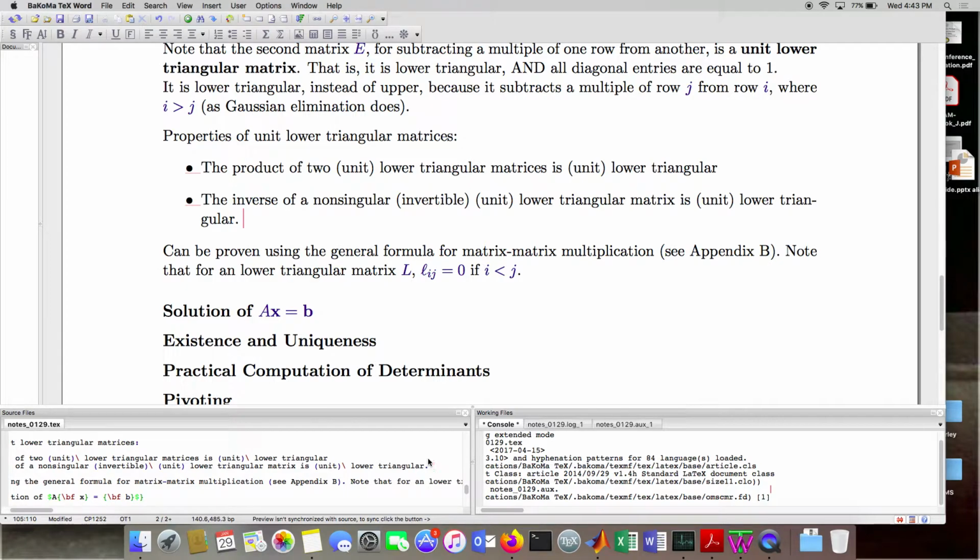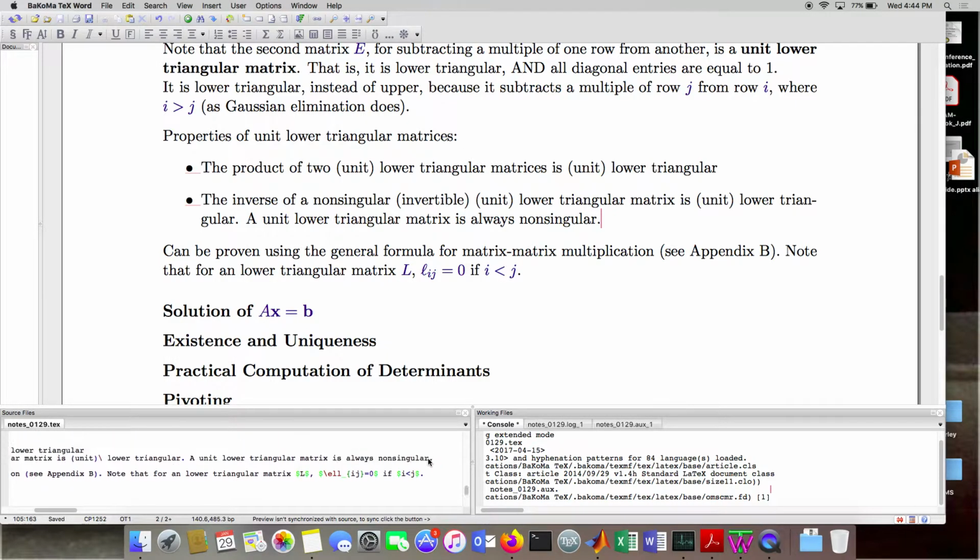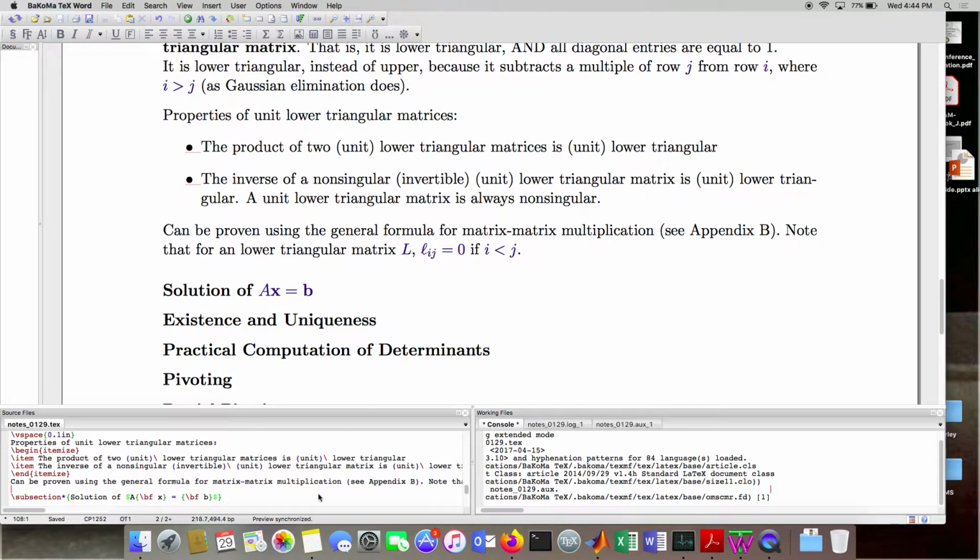Non-singular means the same as invertible. So if a triangular matrix is invertible, the inverse will have the same triangularity. A unit lower triangular matrix is always non-singular, because a triangular matrix is invertible if and only if all the diagonal entries are non-zero. If it's a unit lower triangular matrix, all the diagonal entries are 1, so the inverse is guaranteed to exist.